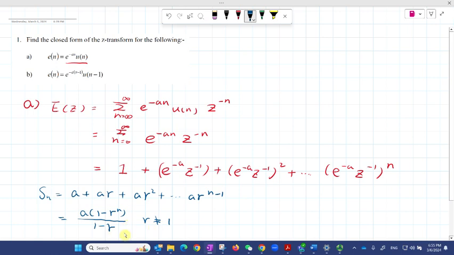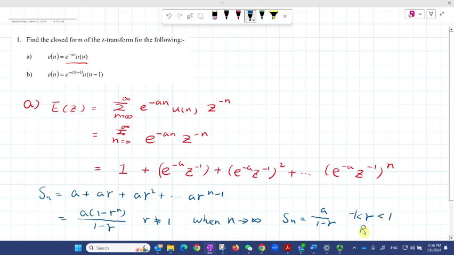R is not equal to 1, so the bottom is not 0. When n approaches infinity, Sn just equals a over 1 minus r, and this r has to be larger than negative 1 and smaller than positive 1.